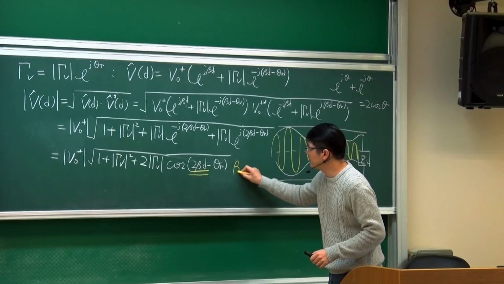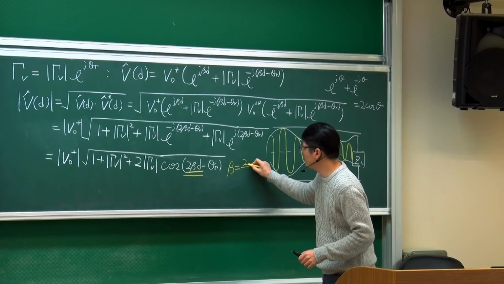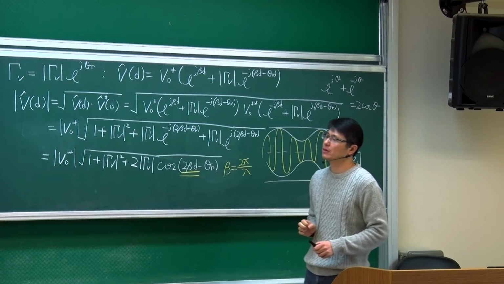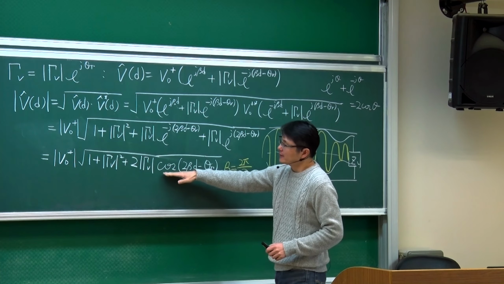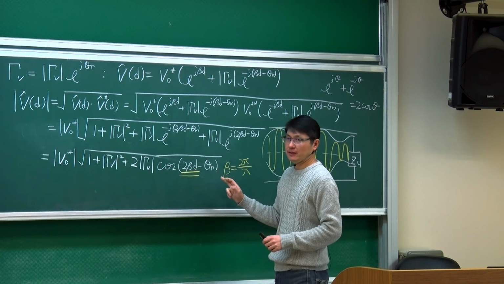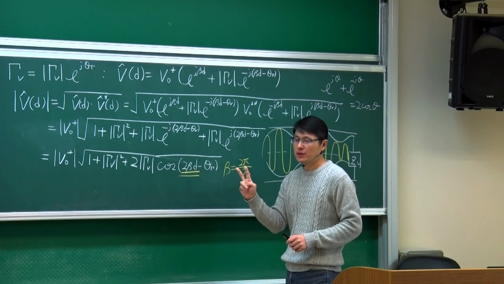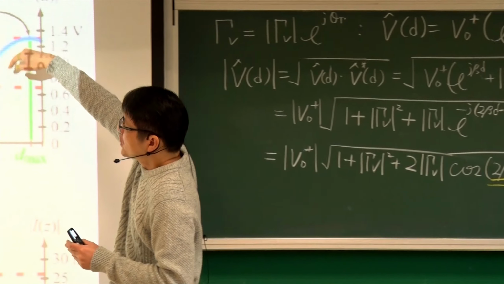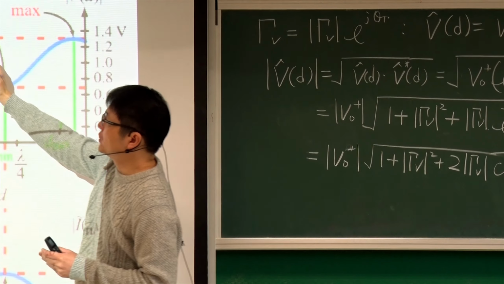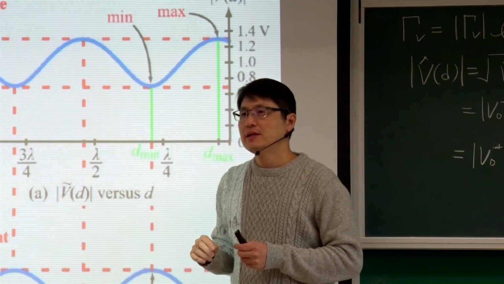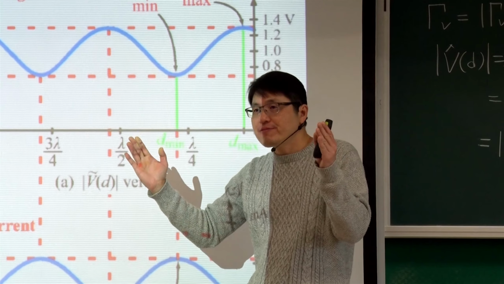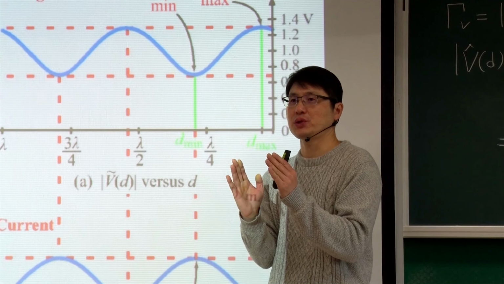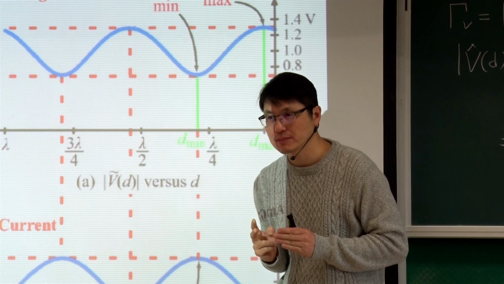Well, beta is equal to 2 pi divided by lambda. So when you look at cosine 2 beta d, which means when we have standing waves, the maximum allowed voltage as a function of space has a denser or effectively shorter wavelength. Shorter by how much? Exactly 2 times.